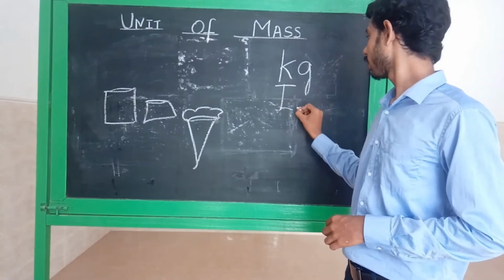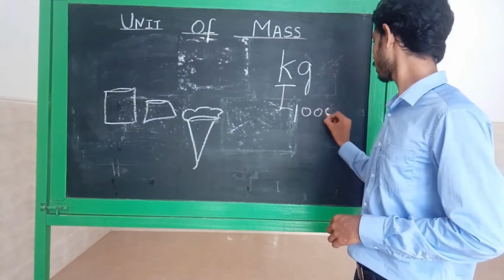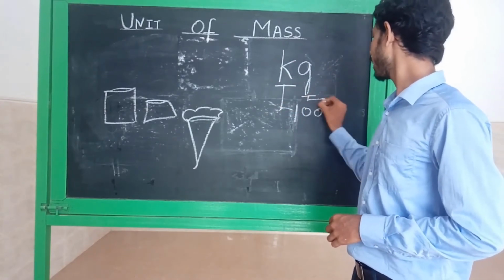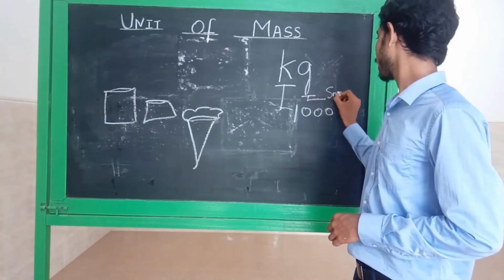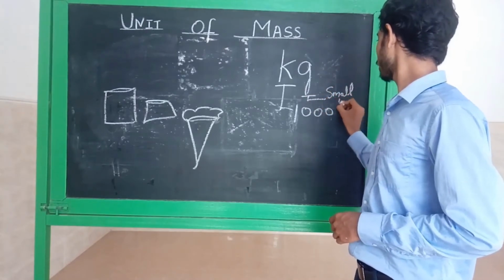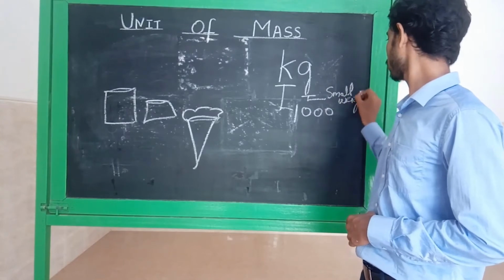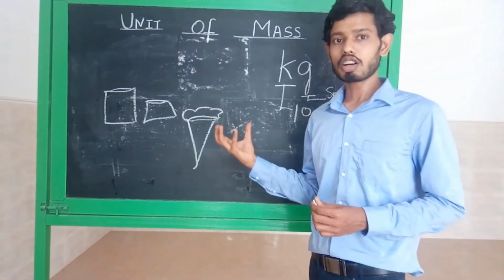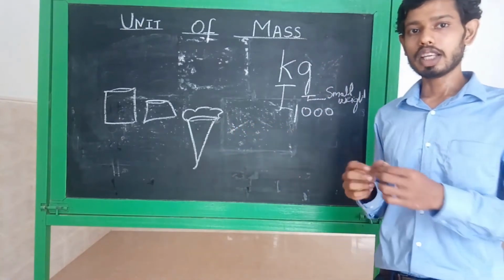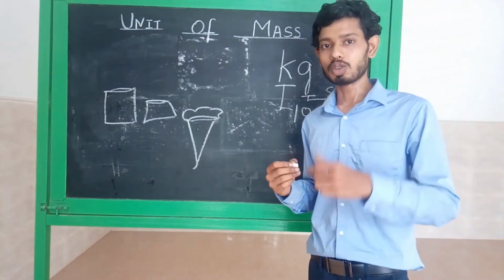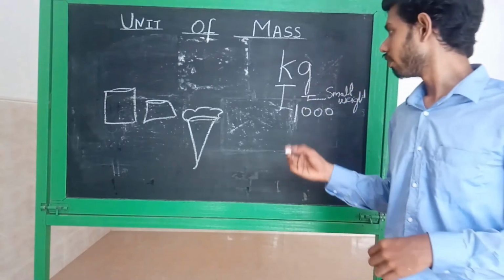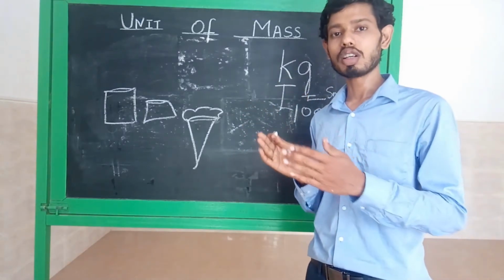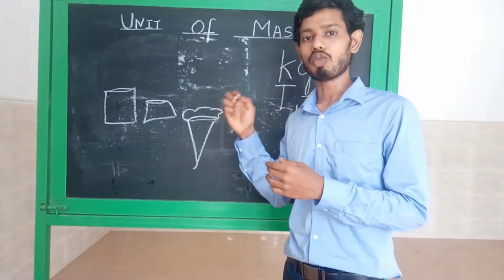Kilo means 1000 and gram means a small weight. So, what is a gram? In order to define a gram, they did an experiment. According to that experiment, we need to take a small cup of water.